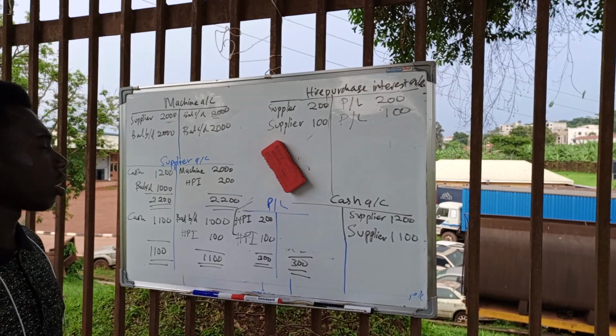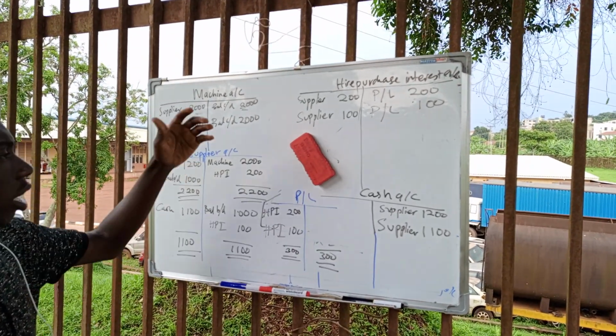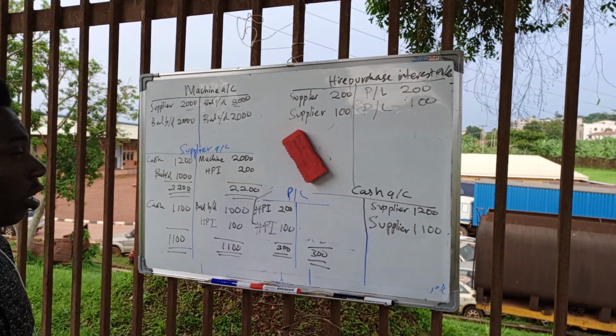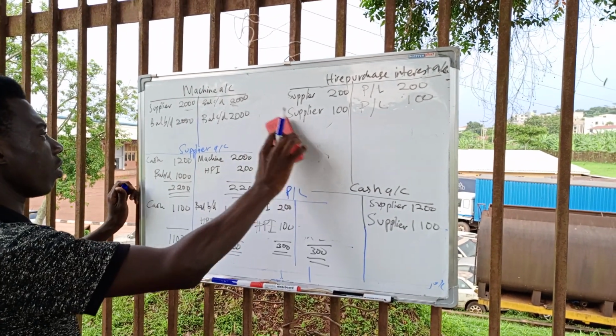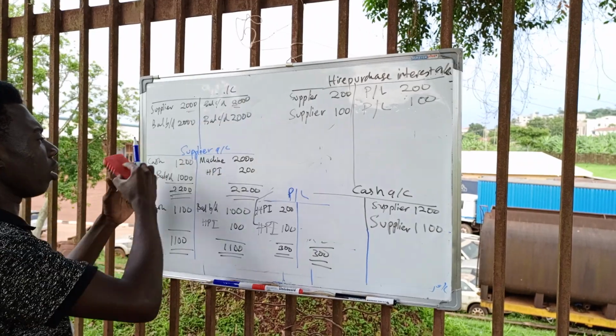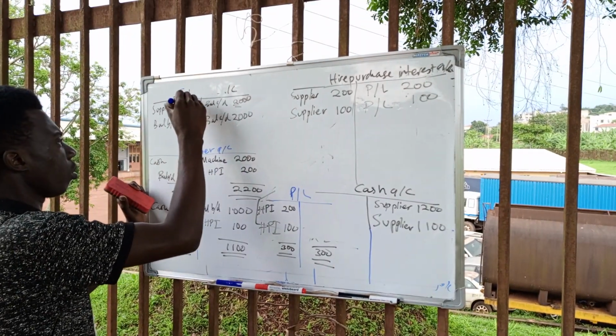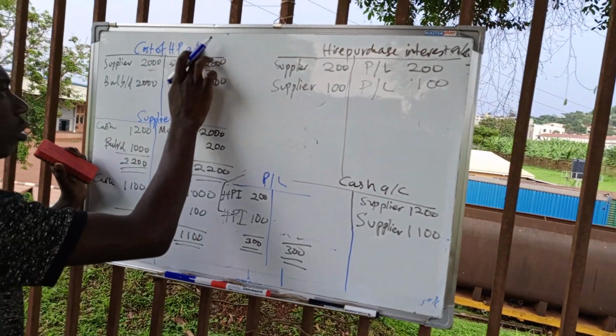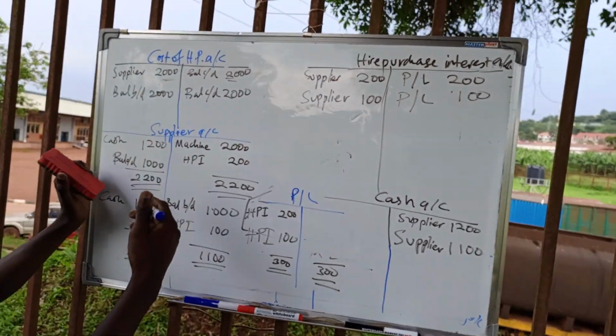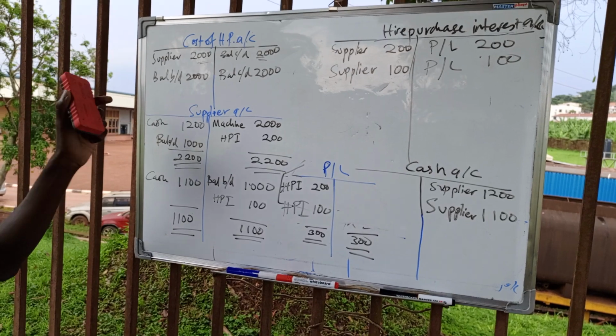So just in case they ask you to prepare the transactions in the books of the seller, using the same example, you are going to see that in the seller's books, instead of having a machine account, we shall be having what they call the cost of hire purchase account. Initially, we as the sellers must recognize that we bought that asset.